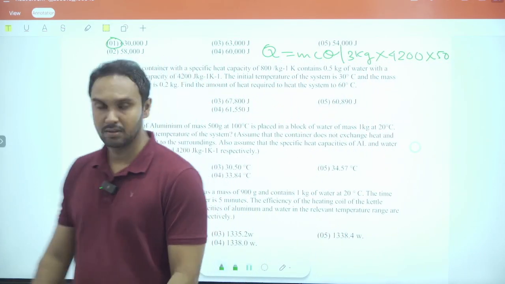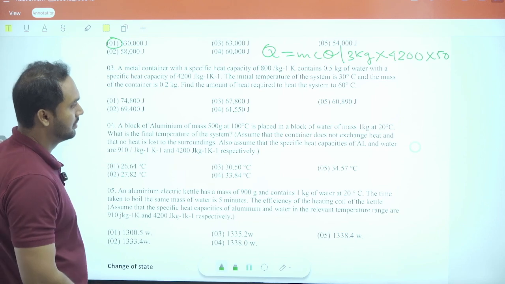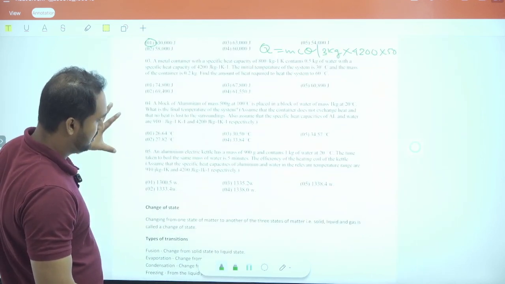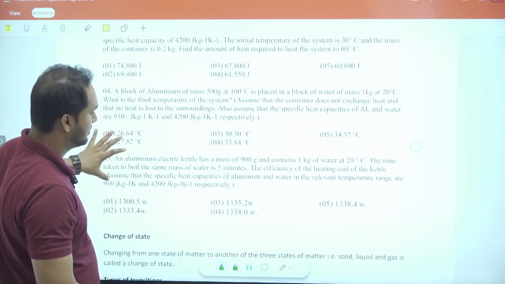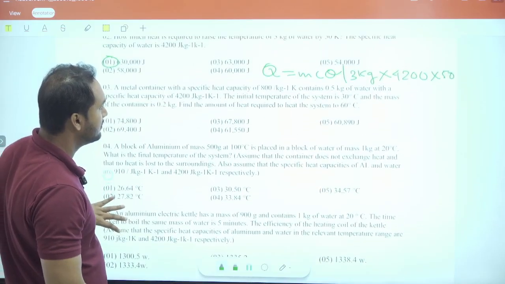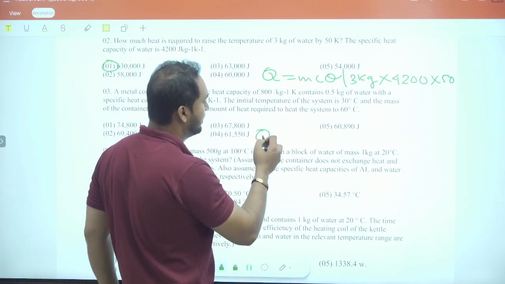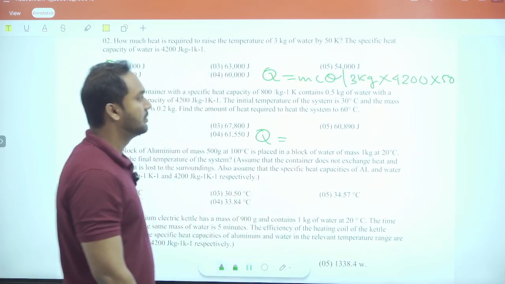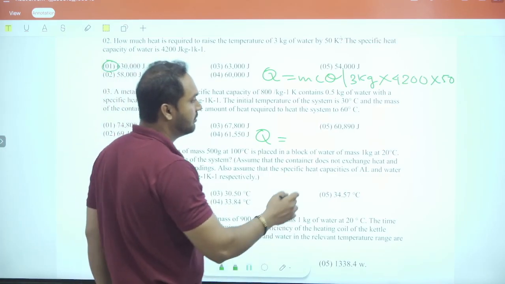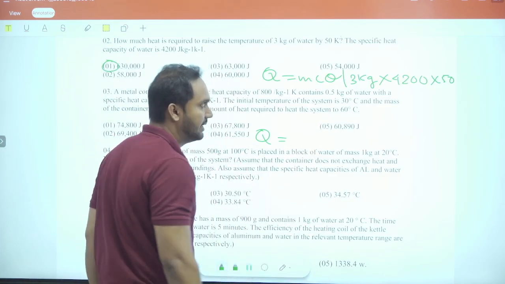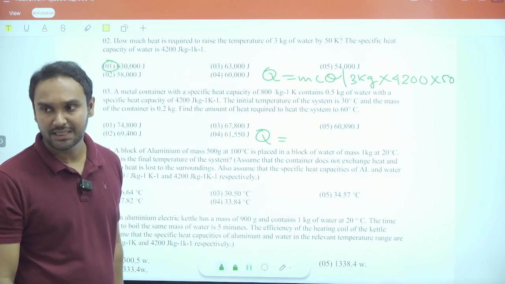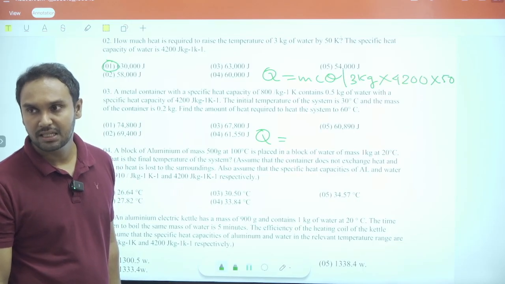So the complete Q, shall I do it somewhere there's more space, right? So the complete Q is equal to the mc theta of water, or the heat absorbed by the water, and the heat absorbed by the container.